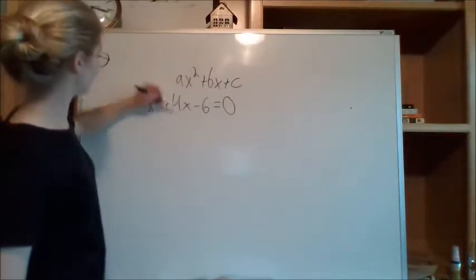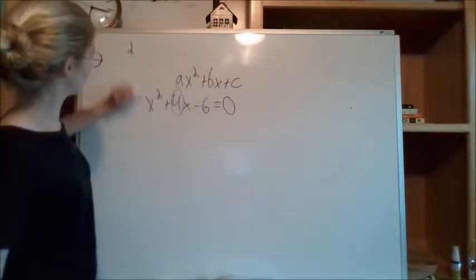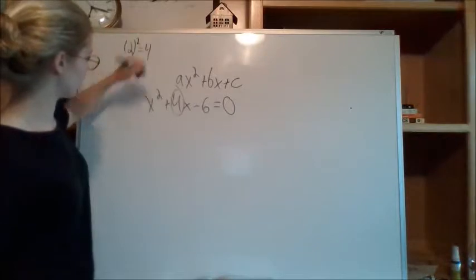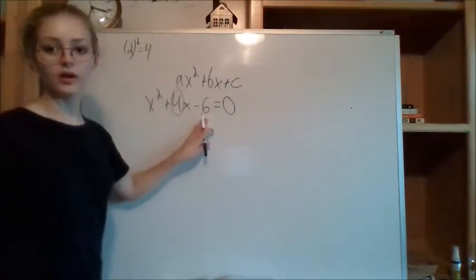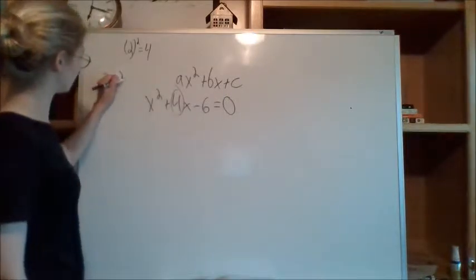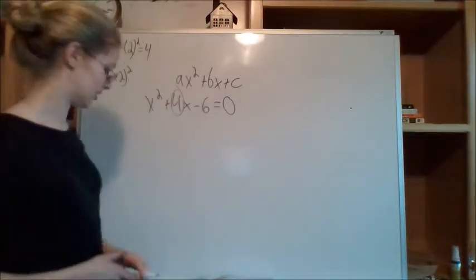If we divide 4 in half, we get 2, and if we square 2, we get 4. So if this was a 4, we could write this as x plus 2 squared. But it's not a 4, it's a negative 6.